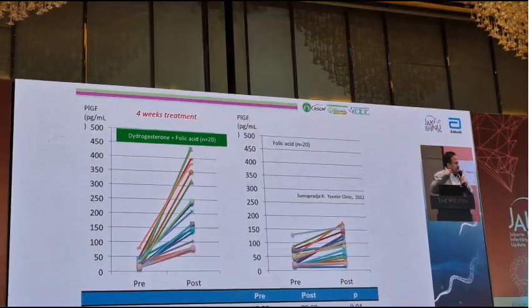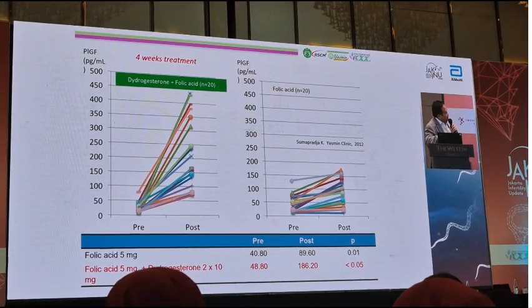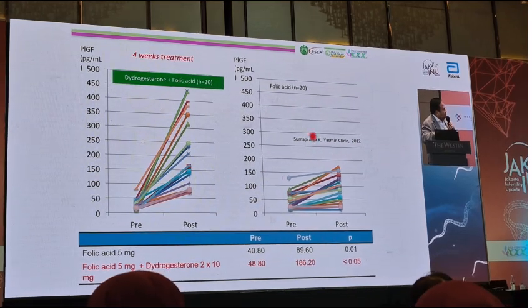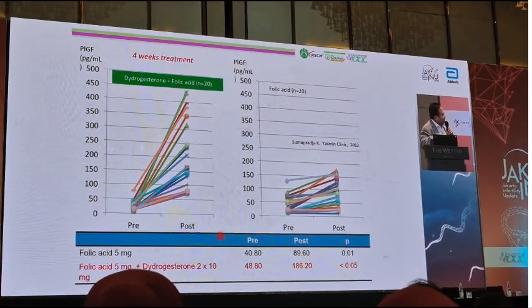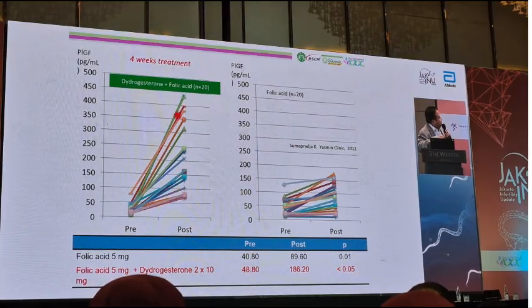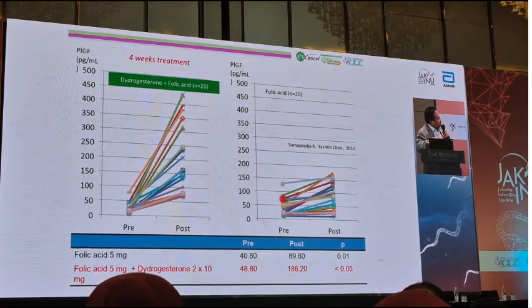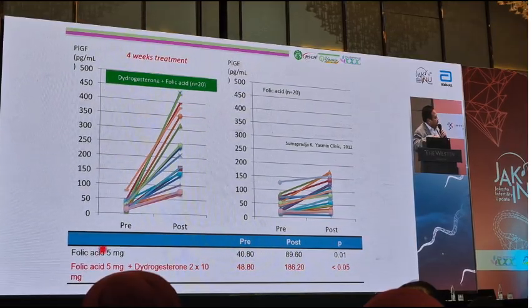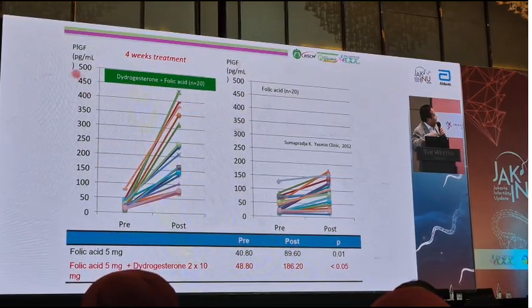Then this is the old data, more than 10 years ago, done by our center by Dr. Kanani. We gave dydrogesterone twice daily in the first trimester of pregnancy and compared it with folic acid alone, and after 4 weeks, we measured the placental growth factor or PLGF.